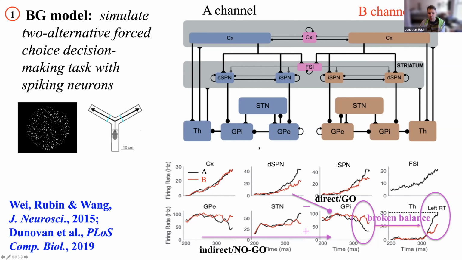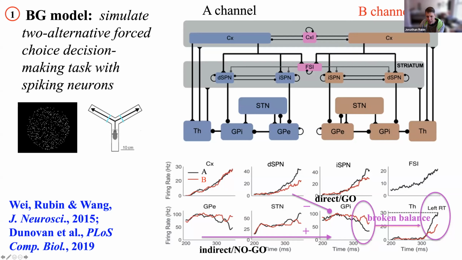All right, so then we have to look at what's happening downstream from these two populations. One of them, the DSPNs, projects directly to the basal ganglia output, and it's inhibitory, so it's trying to push down this output population, lower its firing. Meanwhile, coming through this other pathway, this arrow here, this side is trying to promote the activity of this population.